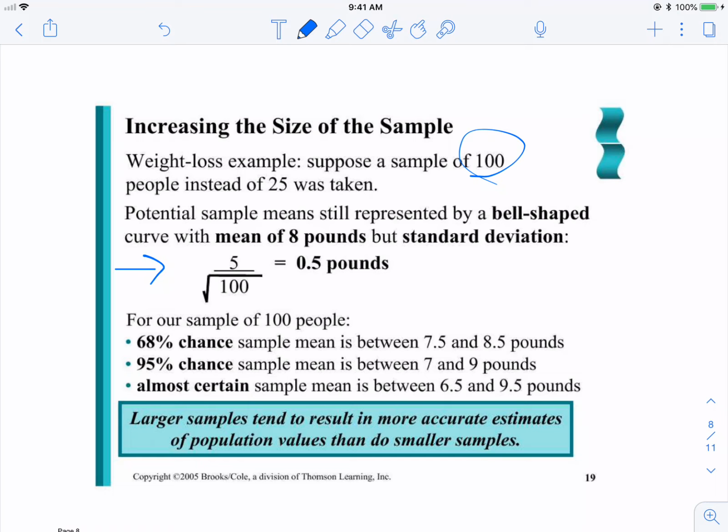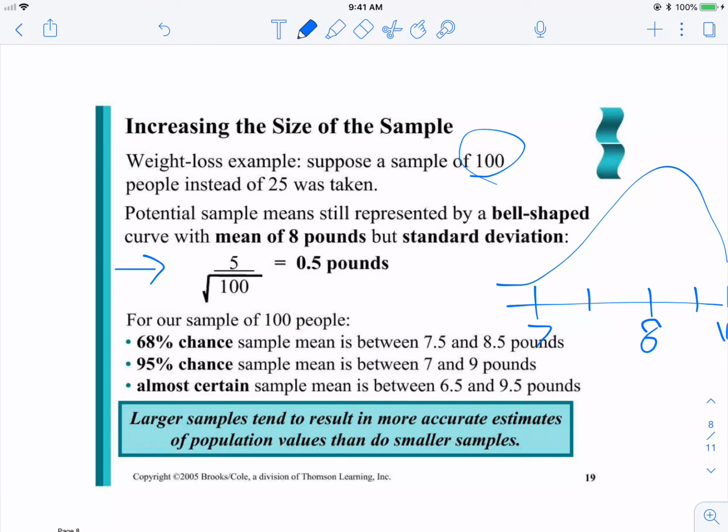So now our distribution is going to look a little bit different, in that we still have the same mean, average weight loss of 8 pounds right there at the center, but everything is a little bit more compact. It's 7 pounds right there, 10 pounds out there to the right, 2 standard deviations to the right.